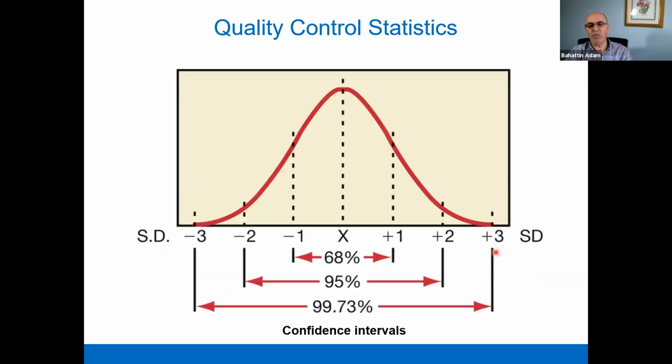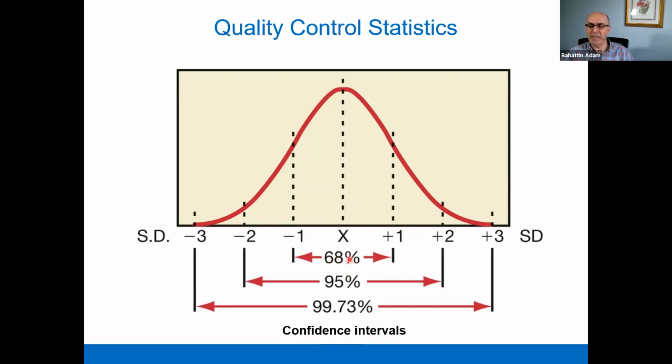Now as you see here, which we are using in quality control statistics, this bell-shaped graph, Gaussian distribution. Here is the average value, X, and then one standard deviation to three standard deviations. If you accept one standard deviation on both sides, the confidence interval will be 68%.